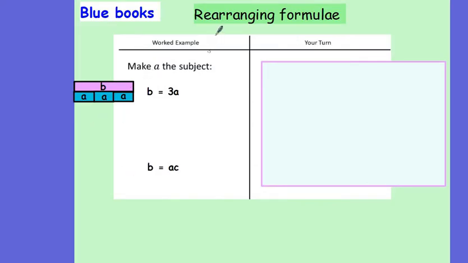Okay, we're going to use this to do some more rearranging of formulae. So pens down, eyes on me. I'll go through an example and then there's one for you to do. I've got B is equal to 3A.